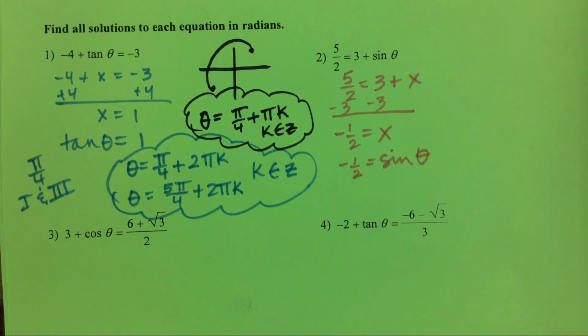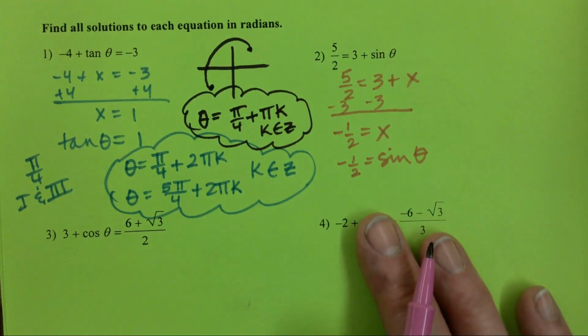You're going to see the answers repeat so often. You don't have a whole lot of answers that we're going to get: a half, negative a half, square root of 3 over 2, negative square root of 3 over 2, square root of 2 over 2, negative square root of 2 over 2, 0, 1, negative 1. We don't have a whole lot of things to go with now.